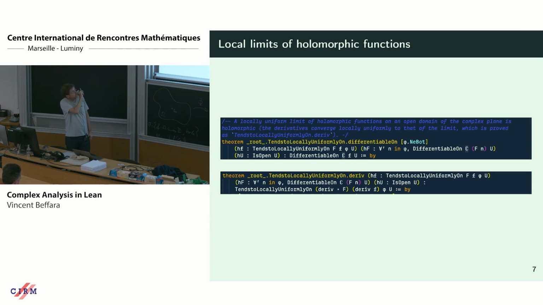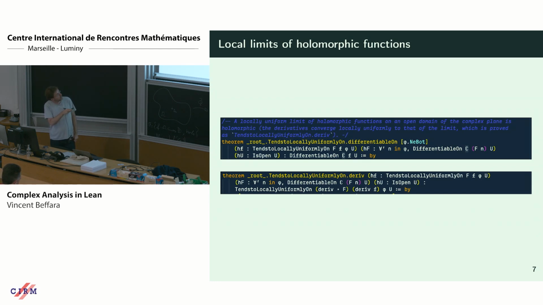Okay, so still looking at the different bits that we need in the argument. This is about the local limits of holomorphic functions. So F is a collection of holomorphic functions. So it goes from some index space to functions.